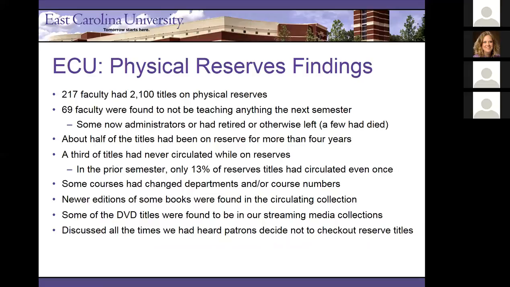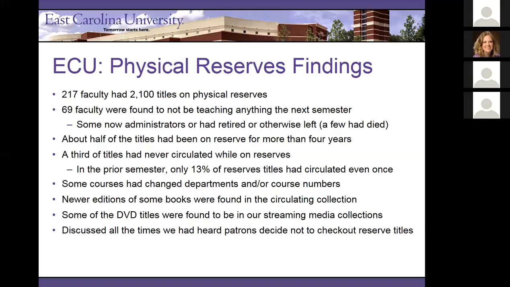We found about half the titles had been on reserve for more than 4 years, which seemed inappropriate. A third of the titles had never circulated while on reserve, and looking at the previous semester, we found only 13% of the titles had circulated at least once in that semester, which was a lot lower than we thought, looking at the statistics that we were looking at, and I'll get to that in a moment.